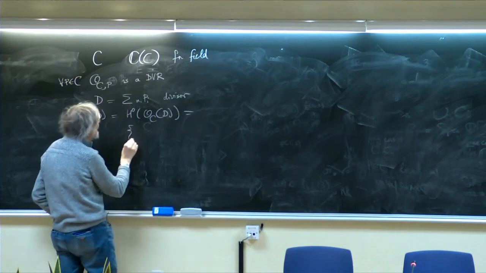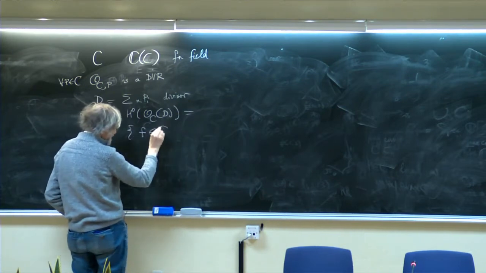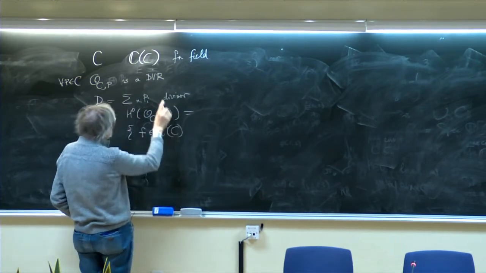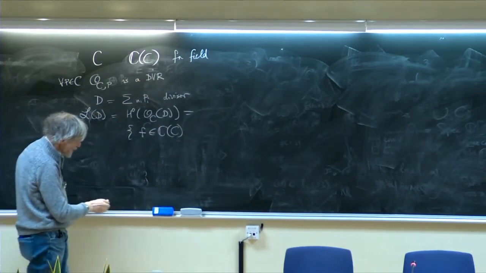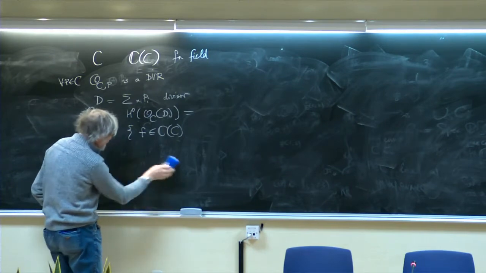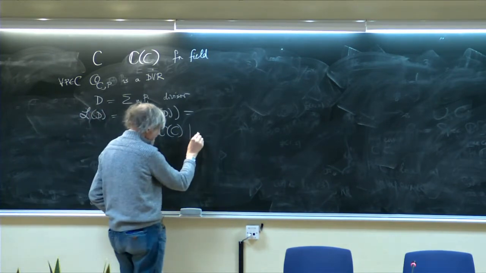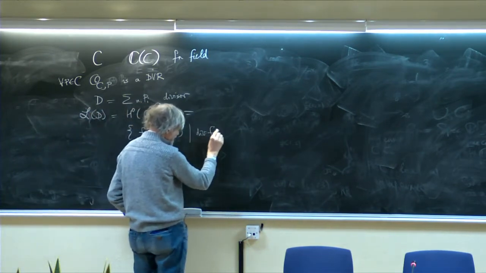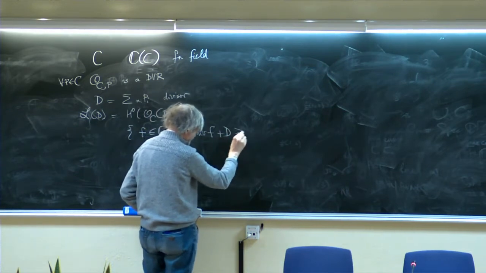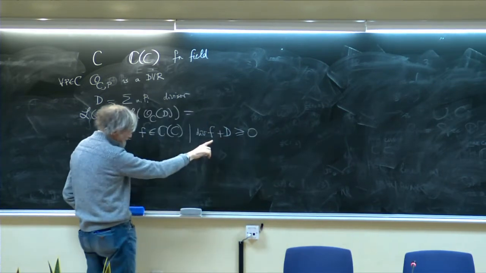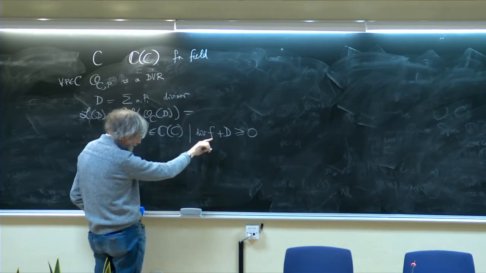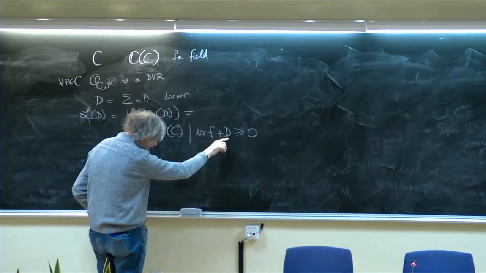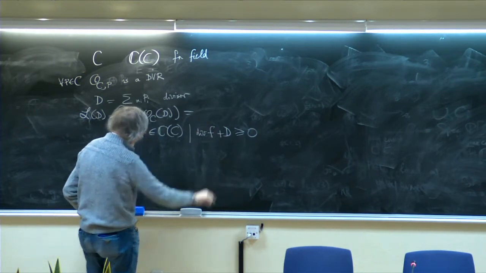This is the set of F in the function field of C, rational functions or global meromorphic functions, such that the divisor of F plus D is greater than or equal to 0. So where D is positive, I allow F to have poles, and where D is negative, I insist on F having zeros.